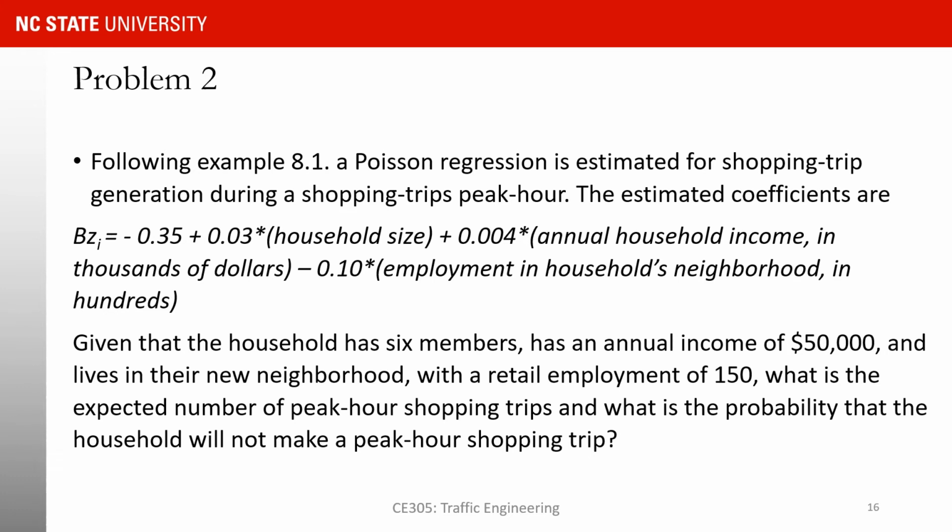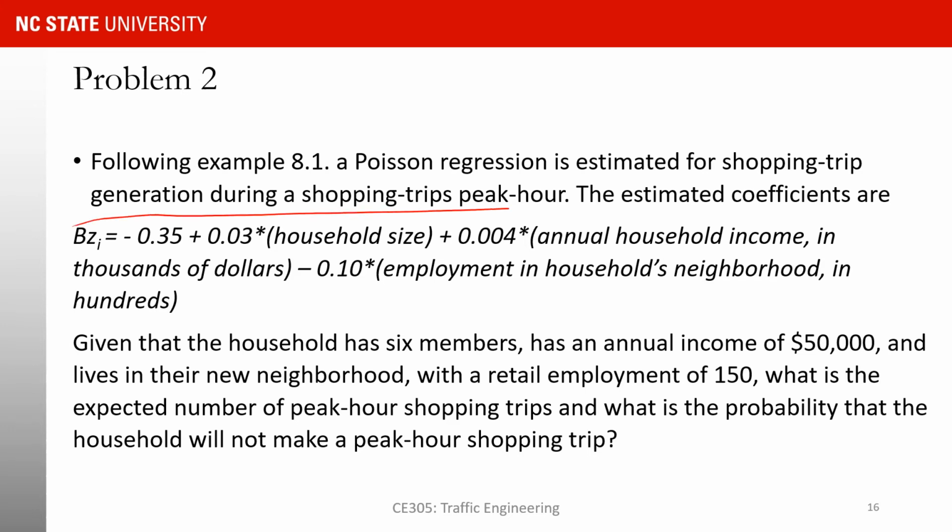Let's focus on our second example. It is coming from chapter 8. We are using a Poisson regression model to estimate the probability of shopping trips. The model is given to us here.